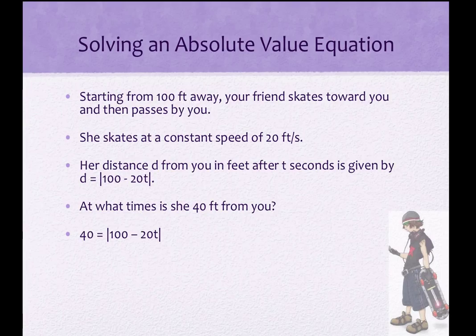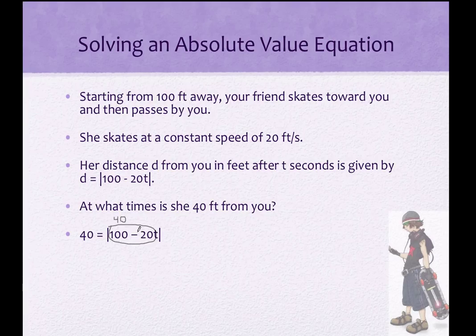Well, here we already have the absolute value sign on one side of the equation. But we know whatever's inside this absolute value sign has to be 40 because the absolute value of 40 is 40.